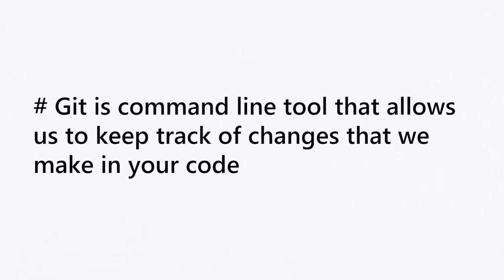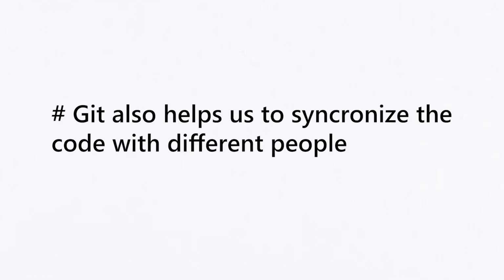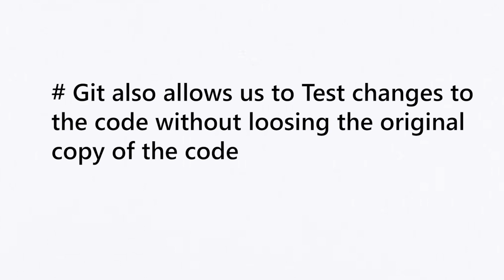Okay. And Git also helps us to synchronize the code between different people. Let's say there is a project and there are 5 people who are working on it. Now these 5 people can access the code and keep track of changes in the code. Okay, so this is how Git helps when you work in teams, and it also allows us to test the changes that you make to the code without losing the original copy of the code.